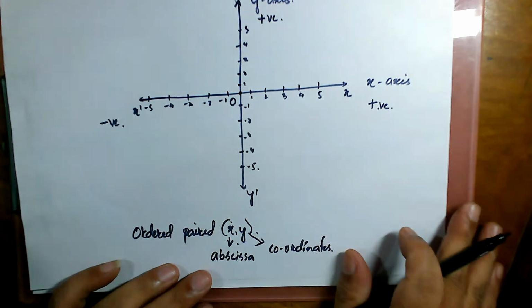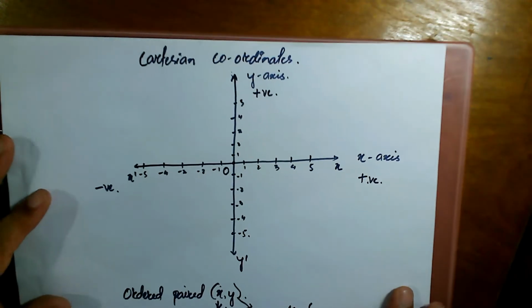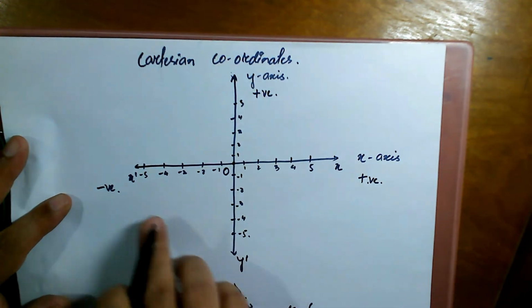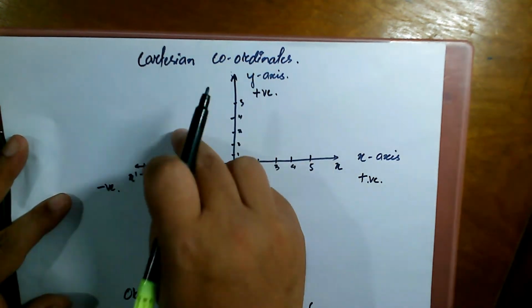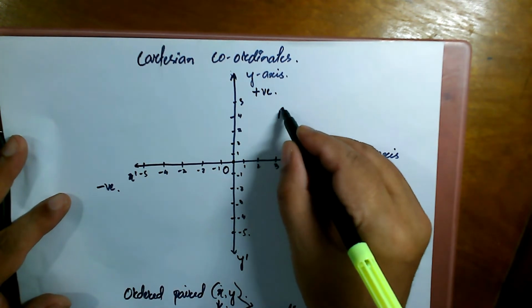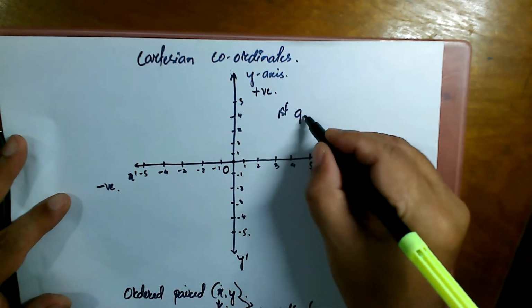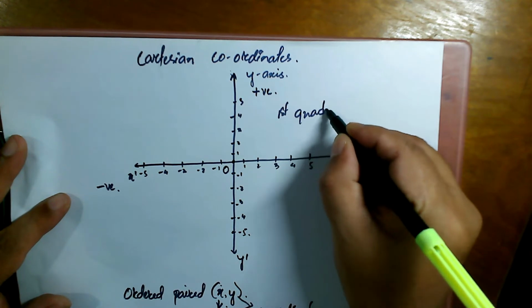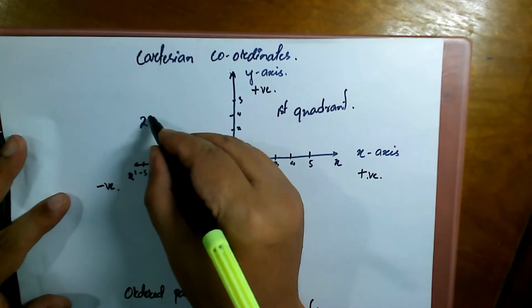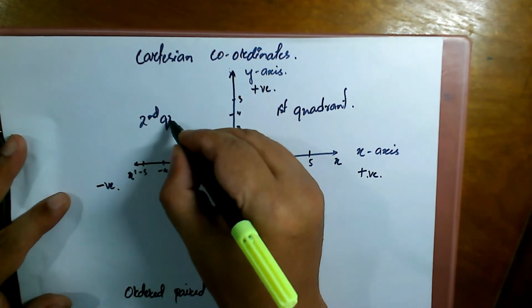And if you look at this Cartesian plane, it is divided into 4 quadrants. There is 1 2 3 4, and this one is the first quadrant. This is the second quadrant.